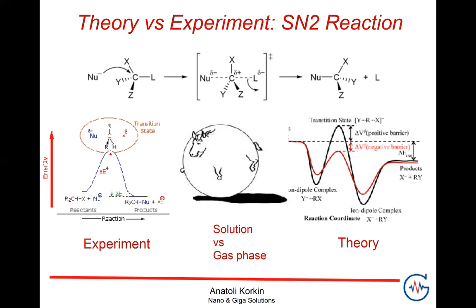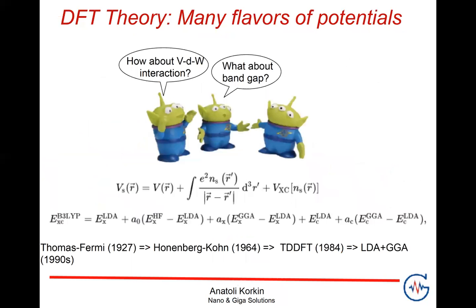So this is an interesting interplay: first there is suspicion that something is wrong with the theory, but once the theory includes all the effects more properly, in this case including solvent in the calculation, there is better agreement. And when they experiment in some way, they also get closer to what the theory is showing. In this case, initially it was a reaction in the gas phase.